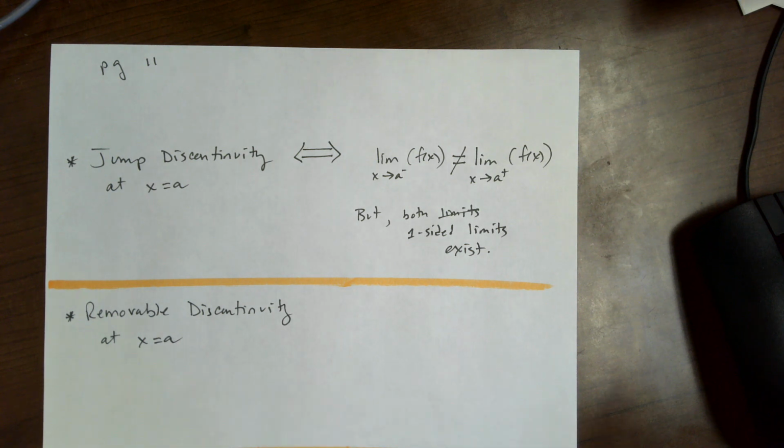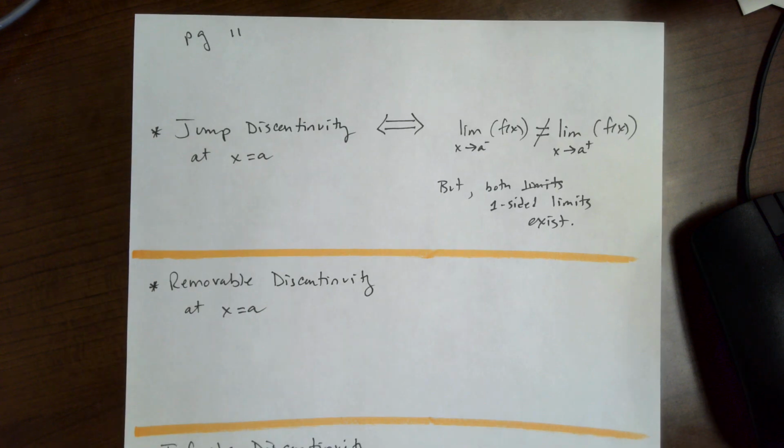So it looks like we're hitting the wall at a number from both sides, but the numbers don't match. That's when you'll have a jump discontinuity.